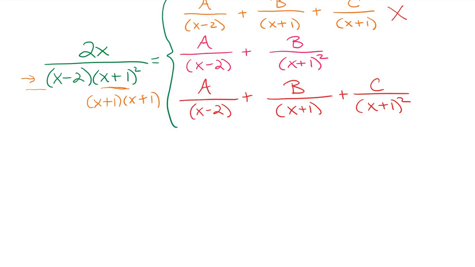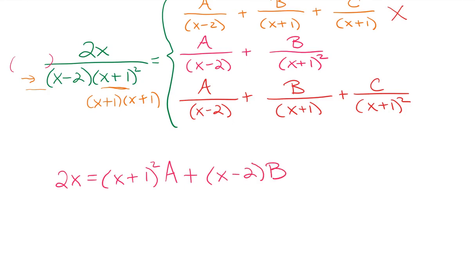So we will grab the same color here, and we will say, okay, well, assuming this is correct, if we multiply both sides of this equation by the denominator of the first, which is (x minus 2) times (x plus 1) squared, then we'll get 2x is equal to, well, the x minus 2 will cancel, and the (x plus 1) squared will stay, so that's times A, and then plus, well, the (x plus 1) squared will cancel, and we get an x minus 2, and that'll be times B.